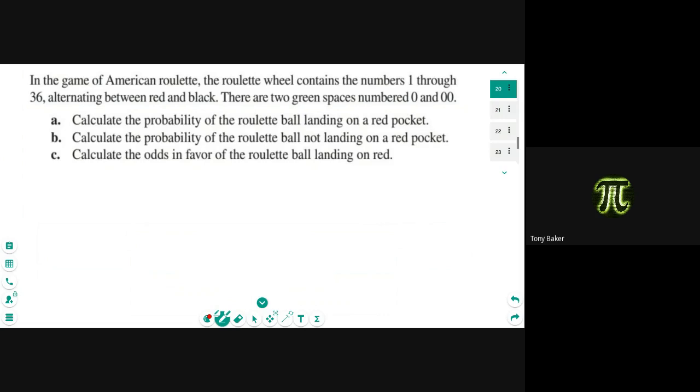So, what is the probability of the roulette ball landing in a red pocket? How many red numbers are on a roulette table? There's 36 total numbers between black and red. So it would be half those, right? Which would be what? 18. 18 is half of 36. So there's 18 red.